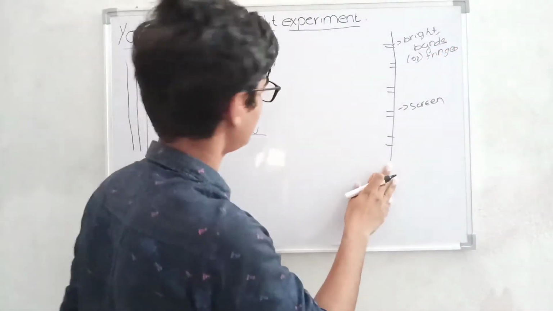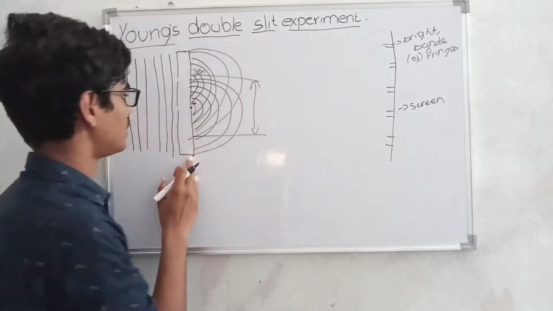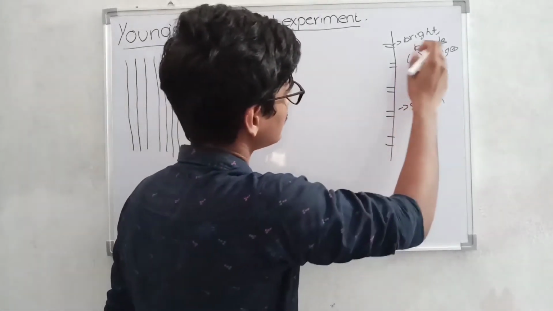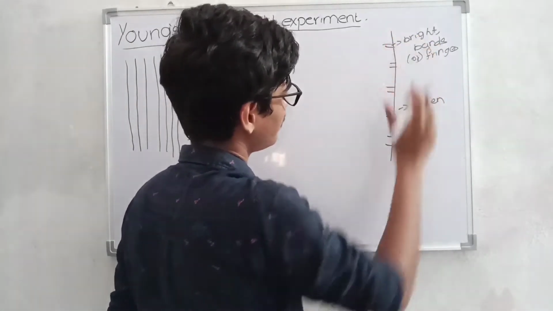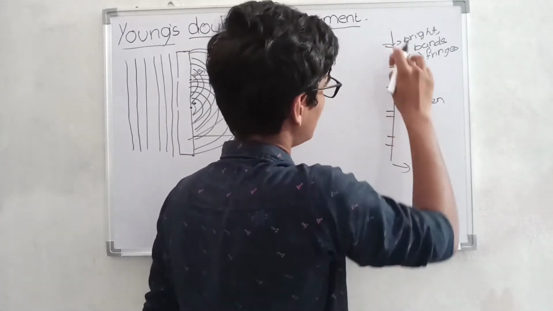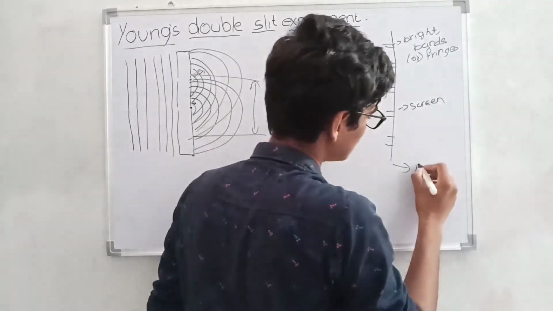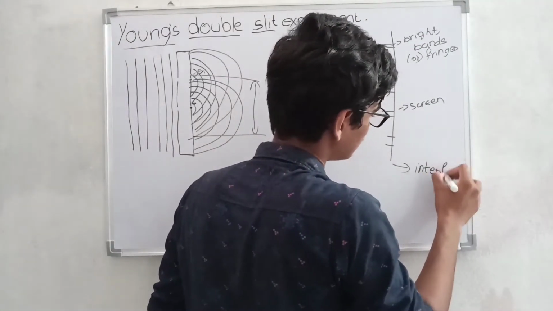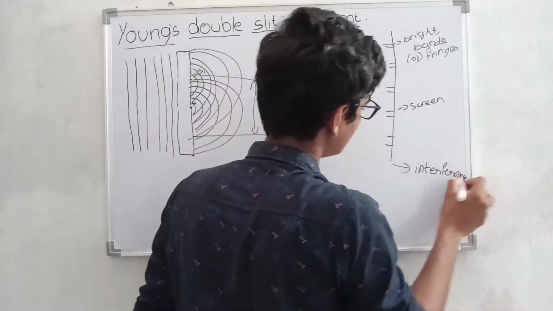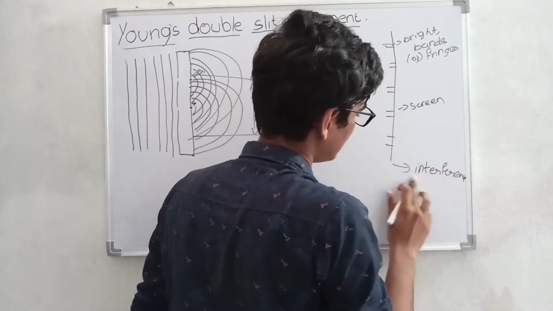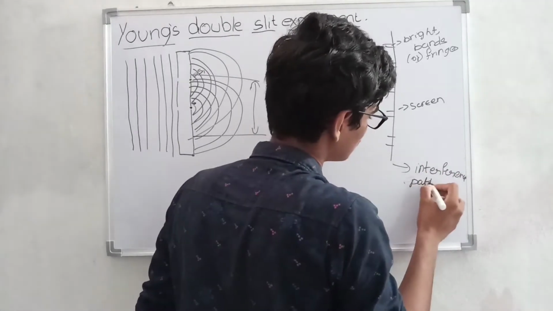On placing a screen in front of the slits, we get an interference pattern. This pattern of consecutive bright bands and dark bands is called interference pattern. Interference pattern is observed on the screen.